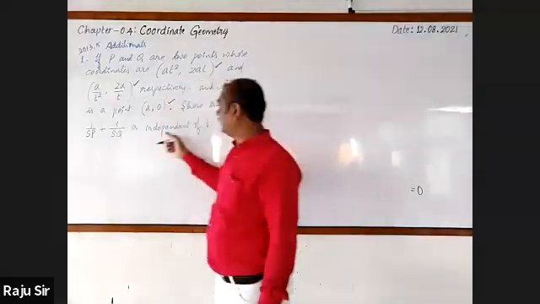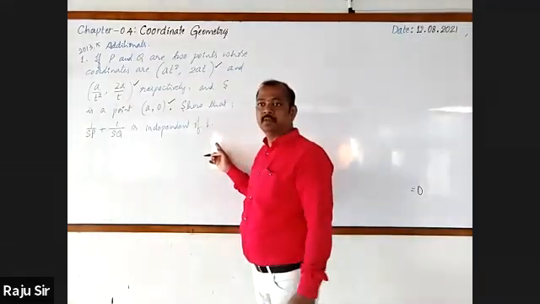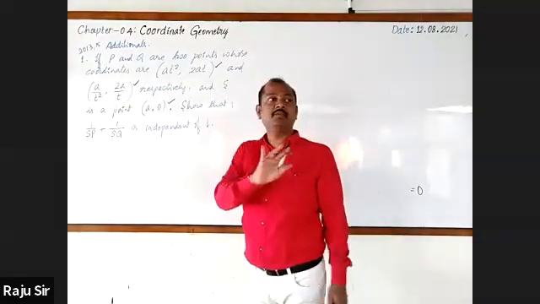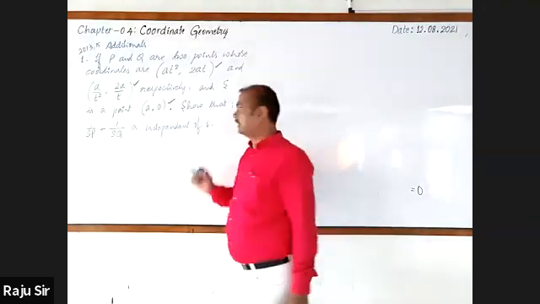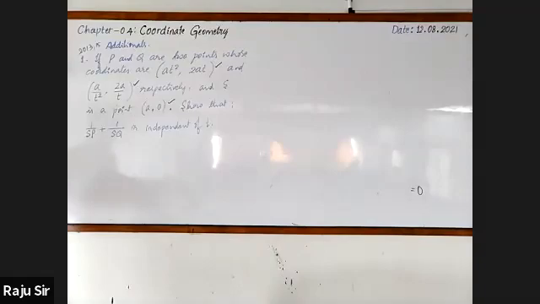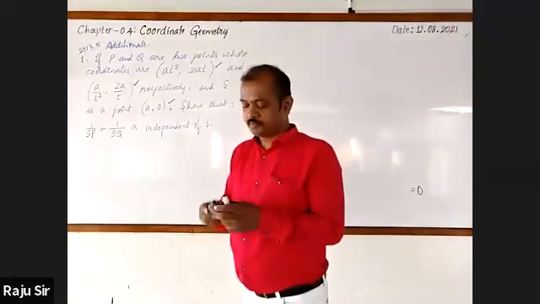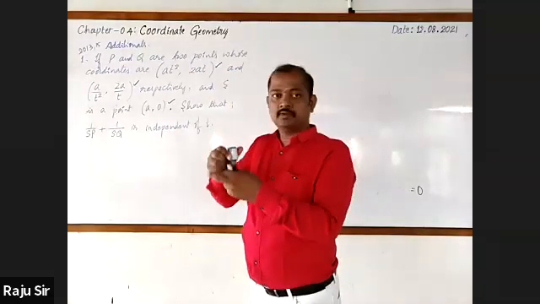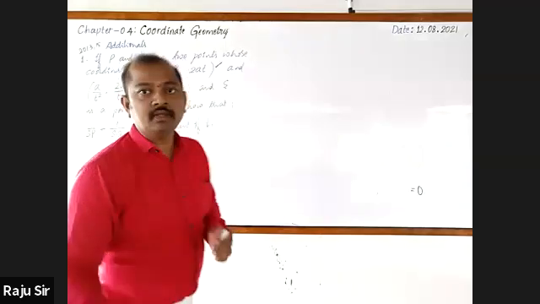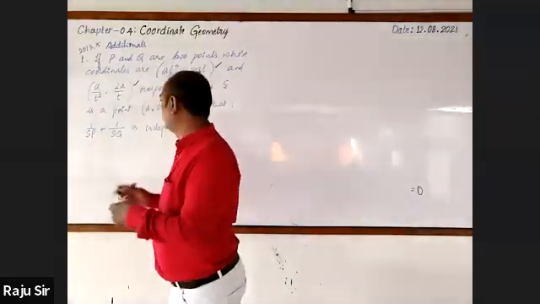After simplifying, you'll get a statement in which t will not be there. Did you understand? Now, let's go for solving. Go on writing with me. While writing only, I'll go for explaining.